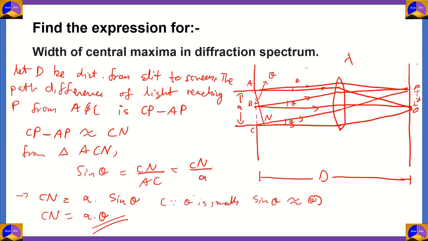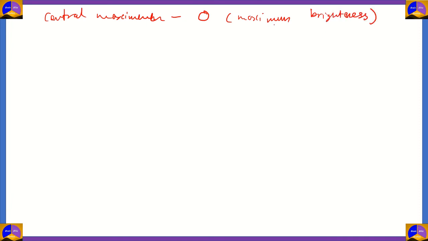The point O is called the central maximum. So let's write that down. The central maximum is the point O. And this point O has maximum brightness due to the convergence of the rays because of that convex lens present.